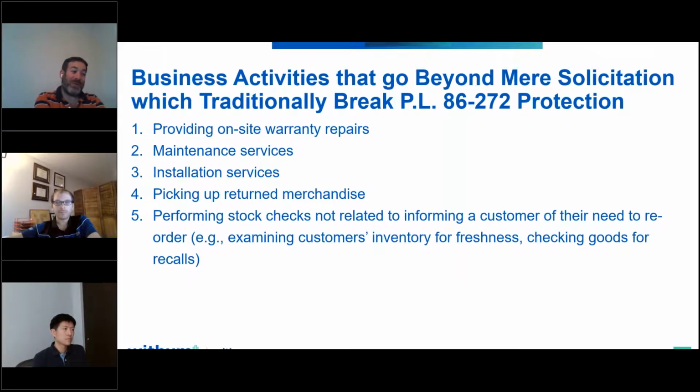And if they were past their sell-by date, the employee would make the C store throw those Tic Tacs out and order fresh Tic Tacs. Well, they said that's going beyond 86272 because you're not soliciting sales, you're checking freshness, and that's not a solicitation activity. So all these common activities can break 86272 protection.